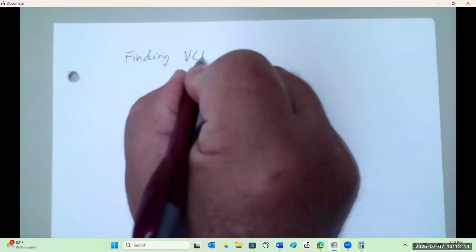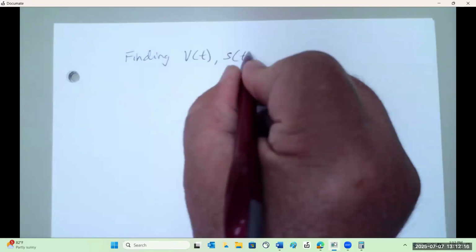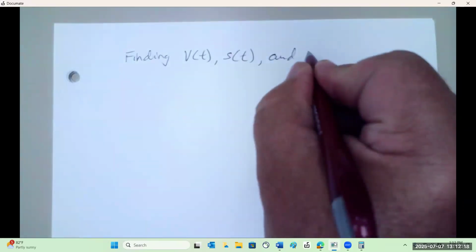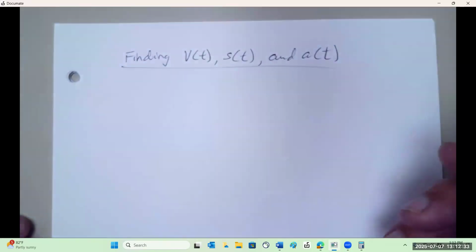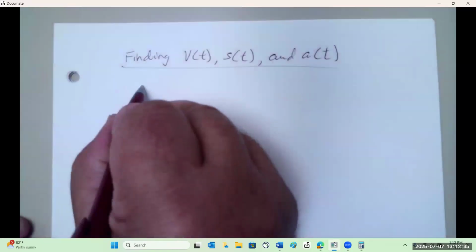This is a physics problem. It's finding velocity, position, and acceleration. This is a free-falling body.